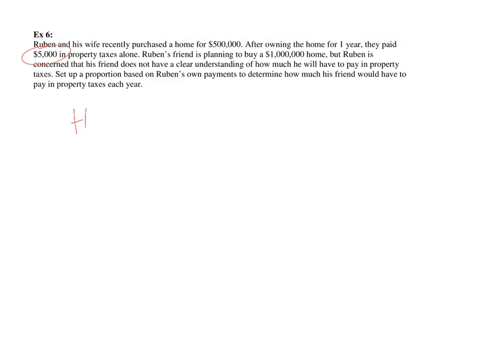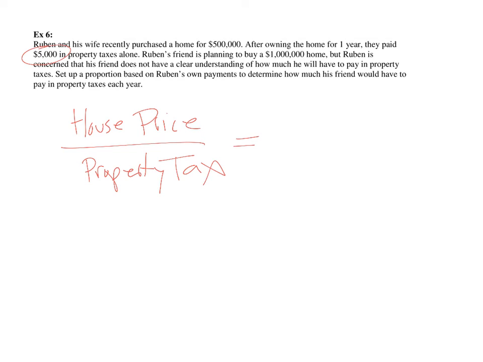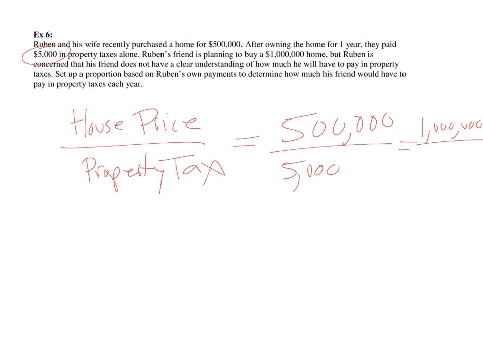There are different ways to do it. I'm going to put house price on top and property taxes on the bottom. House price for Ruben is $500,000, and he paid $5,000 in property taxes. His friend is going to pay $1 million. You have to figure out how much his friend is going to pay in property taxes.